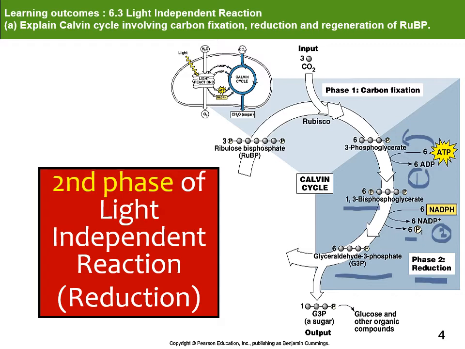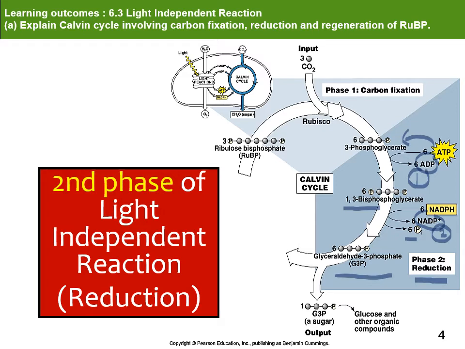So the ADP and NADP plus formed in this process will return to the thylakoid to regenerate NADPH and ATP in the light dependent reaction.